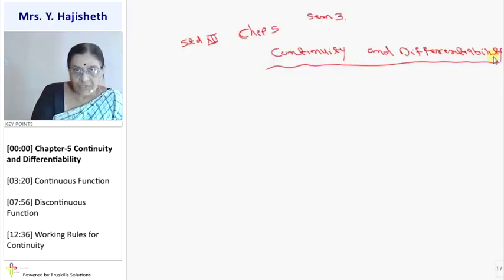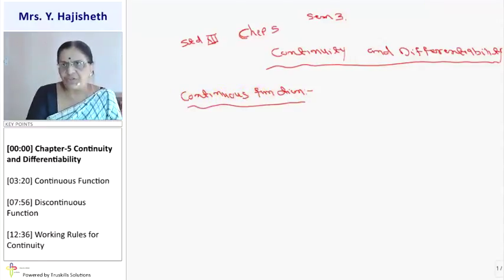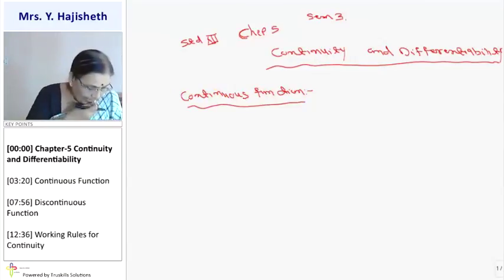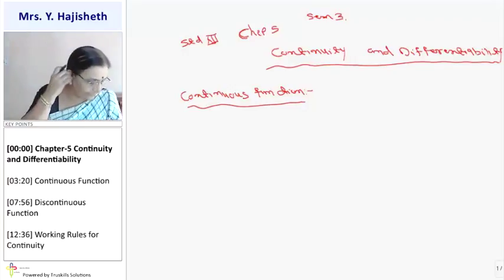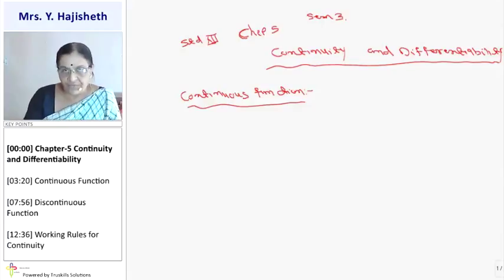Now I define continuity algebraically. What do you mean by a continuous function? Let f be a function defined on an open interval (a, b) containing c, where c belongs to R and c is a member of the open interval (a, b). If function f is continuous at c, then you should check three conditions.